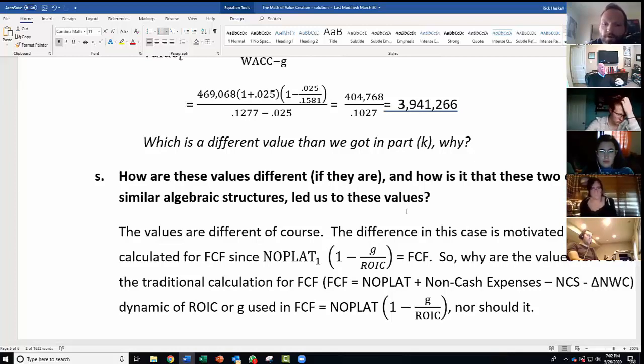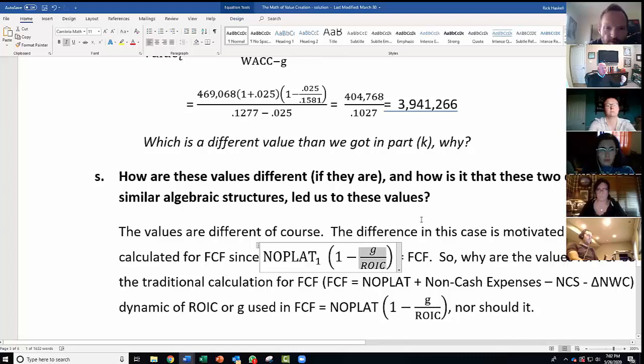It's because of this relationship between G and ROIC. In the free cash flow equation, free cash flow equals NOPLAT plus depreciation minus net change in net working capital minus net capital spending. If that's going to equal free cash flow, which means it also equals NOPLAT times 1 minus G divided by ROIC, we've now introduced a couple of variables, one of which is ROIC, which have not been introduced in the other equational form.